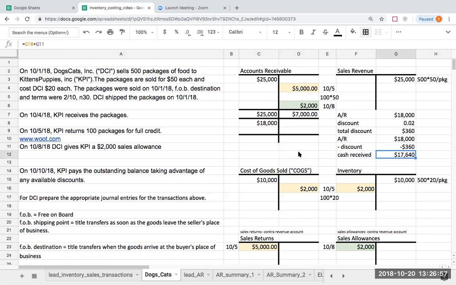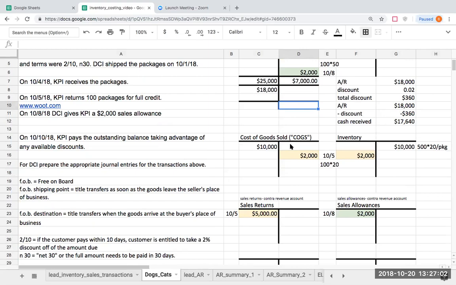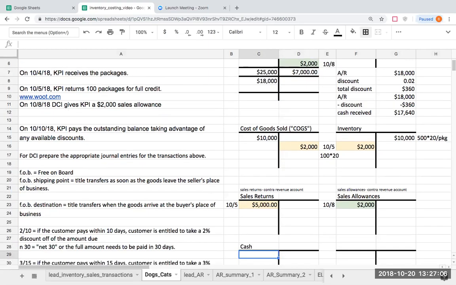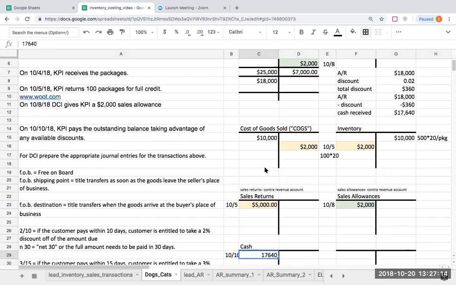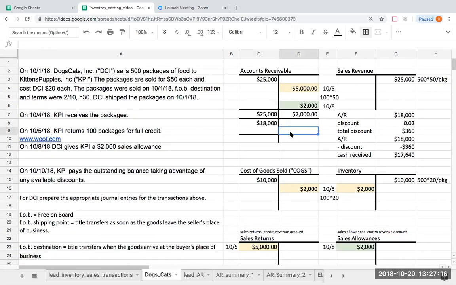So how do I put this into T accounts? Well, the cash that I receive, we're going to put right here. I'm getting cash on 10/10 of $17,640. At the same time, does this client still owe me $18,000? And the answer to that is no. Why not? They're paying within the discount period.